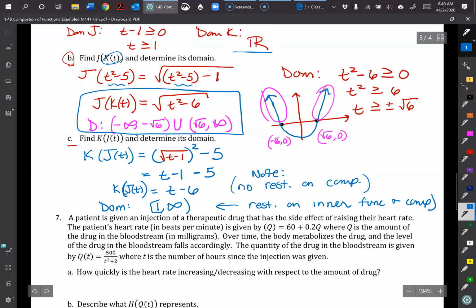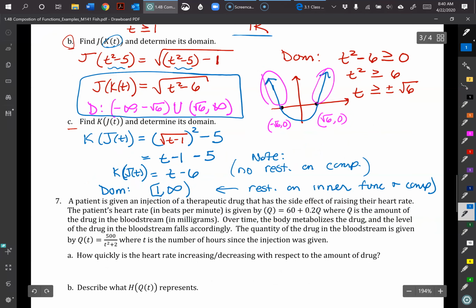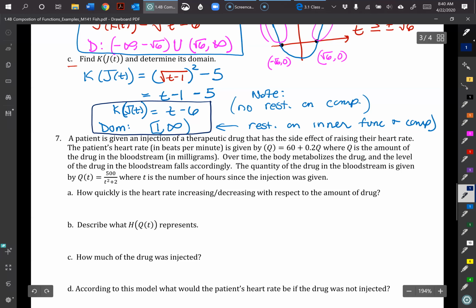Again, you could do it the longer way. You could set the inner function not equal to the restriction on the outer function, if you want to do it that way too. But it gets all taken care of in the end there. So that is our answer for that one.